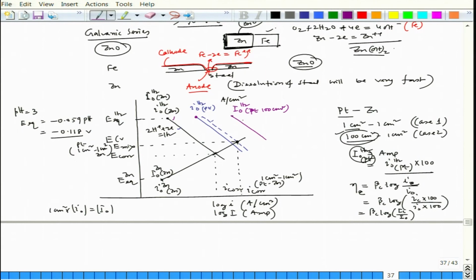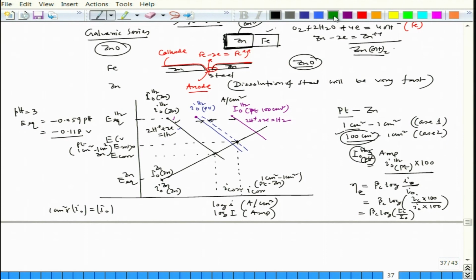So, now it will have its own polarization, which is hydrogen, and I extend this, and now I have to add this one. Since it is a log scale, if we consider the gap here and here, the gap after addition would be less, because it is in the log scale.